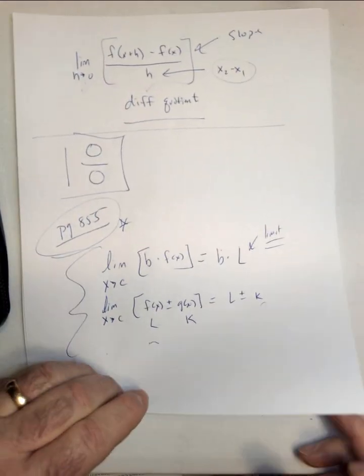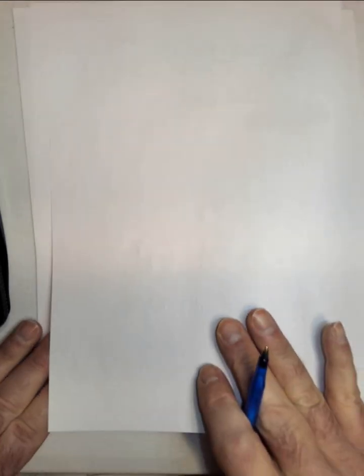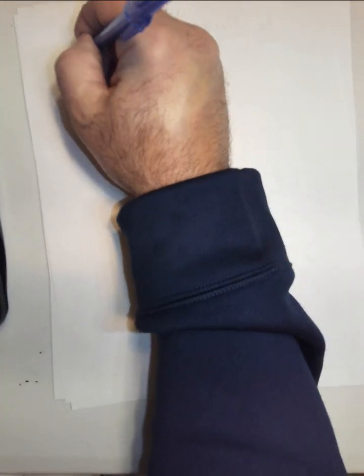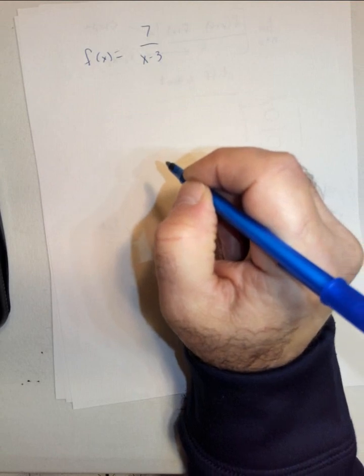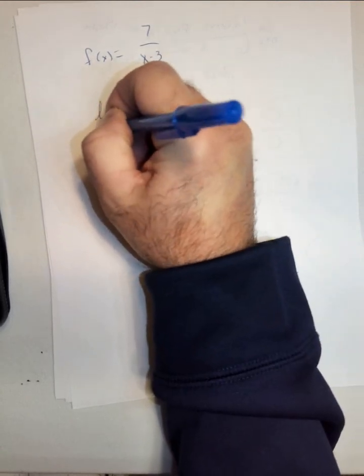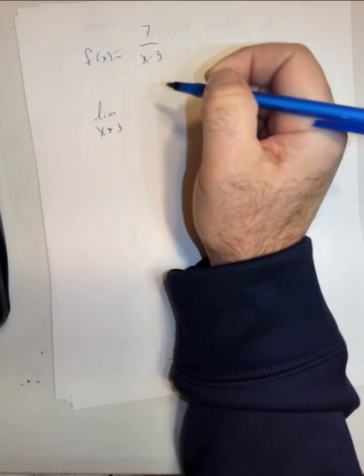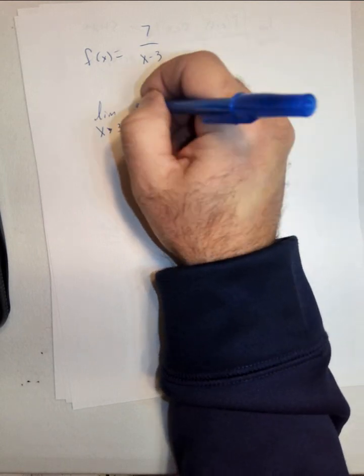All right, so a couple of examples. I'm going to go right to your homework here. So let's say we have f of x equals 7 over x minus 3. And we want to look at the limit as x approaches 3 of f of x.